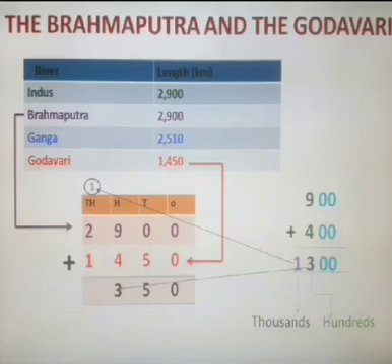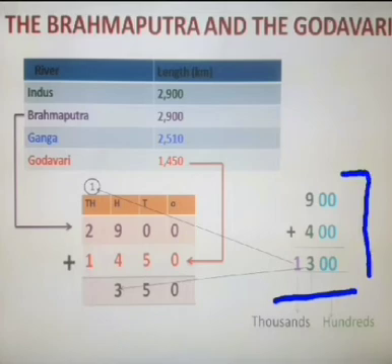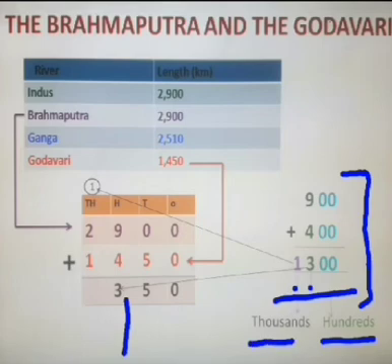So, children, in this 1300, we will use only numbers and we will remove these zeros. They are just for reading. So, this 3 is in the hundreds place. So, we will put this 3 under hundreds column. And this one is in the thousands place. So, we will put this one as a carryover to the thousands place.